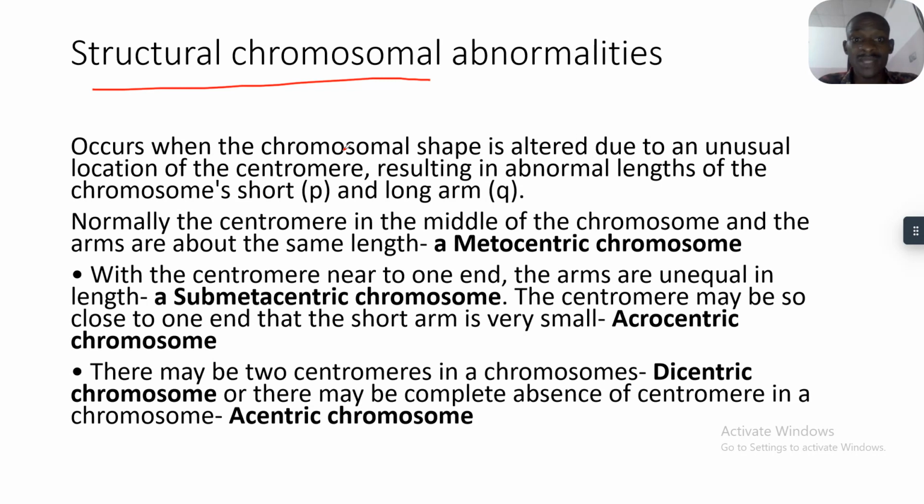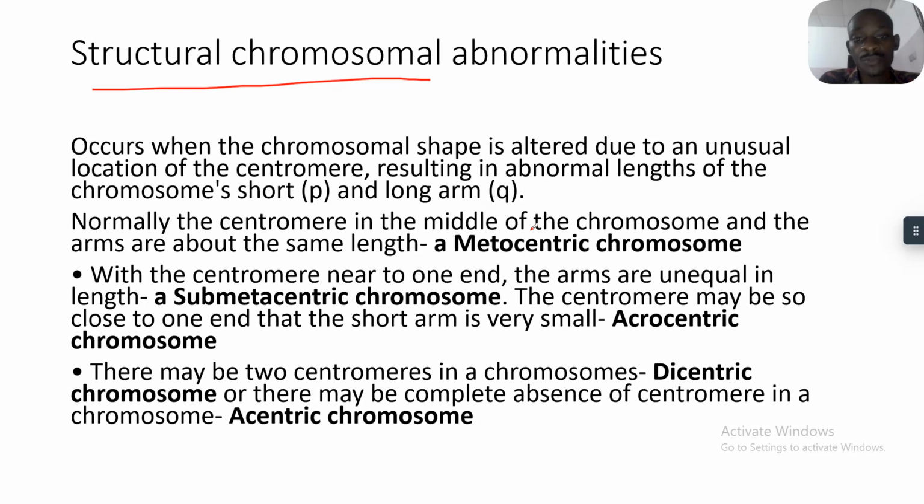Structural abnormality occurs when the chromosomal shape is altered due to an unusual location of the centromere. There is how the short arm of the chromosome should look and how the long arm should look, and it's abnormal in this instance. This results in an abnormal length of the chromosomal short and long arm.